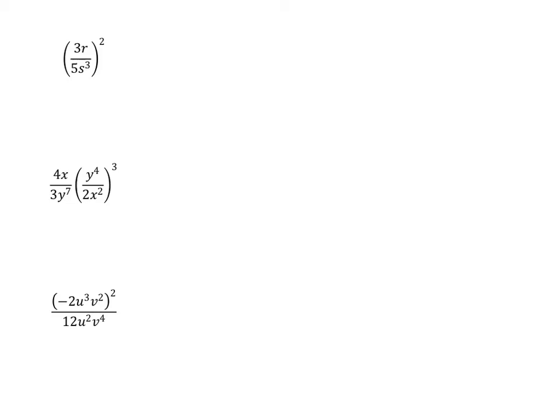Now we've got some powers of powers, and what you need to understand is that the same rules do apply. So this becomes 3 squared r squared over 5 squared s cubed squared. 3 squared is 9, r squared, 5 squared is 25, and s cubed squared is s to the 6th power.